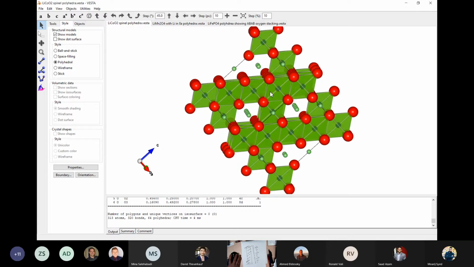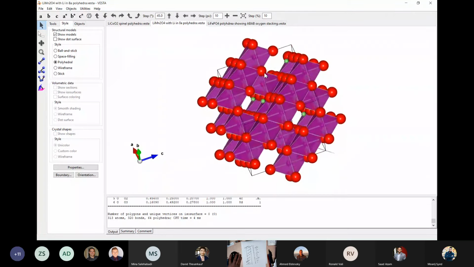Okay, so this is the material that you get when you take LiMn2O4 and add another lithium to it to make Li2Mn2O4. If you want to see what the original spinel looks like, I'll show you that now.